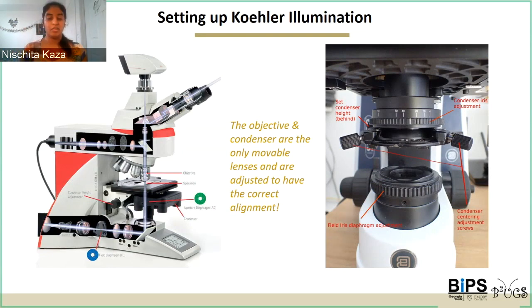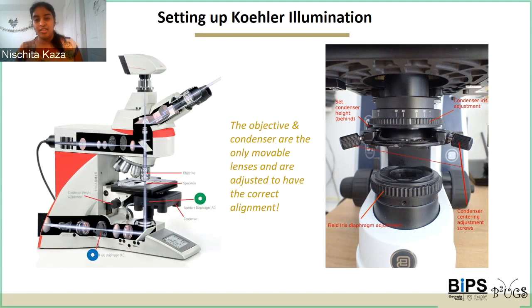So the important thing to remember is that most of the lenses in a microscope are fixed, and we don't really have any freedom to move them. The only two that are movable are the objective, because obviously you want to be able to focus your sample, and you can also move the condenser both in the XY direction as well as axially to ensure that your illumination is correctly set up.